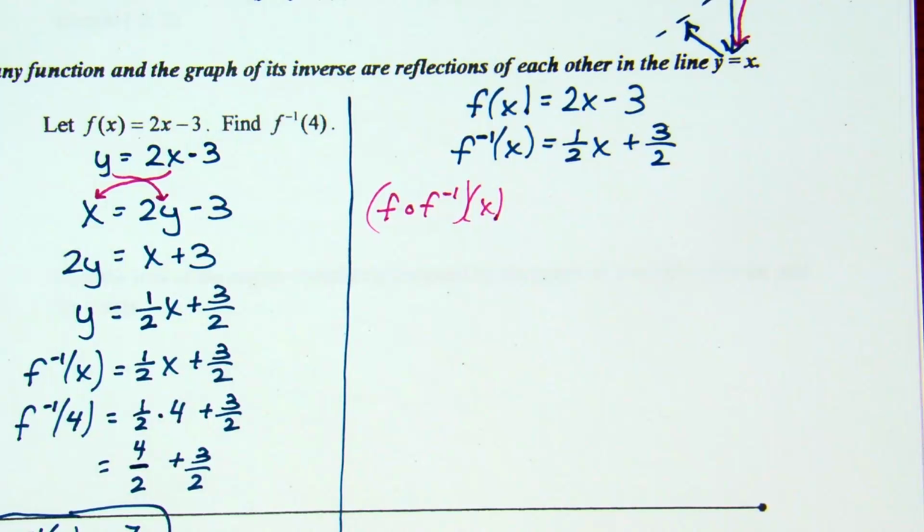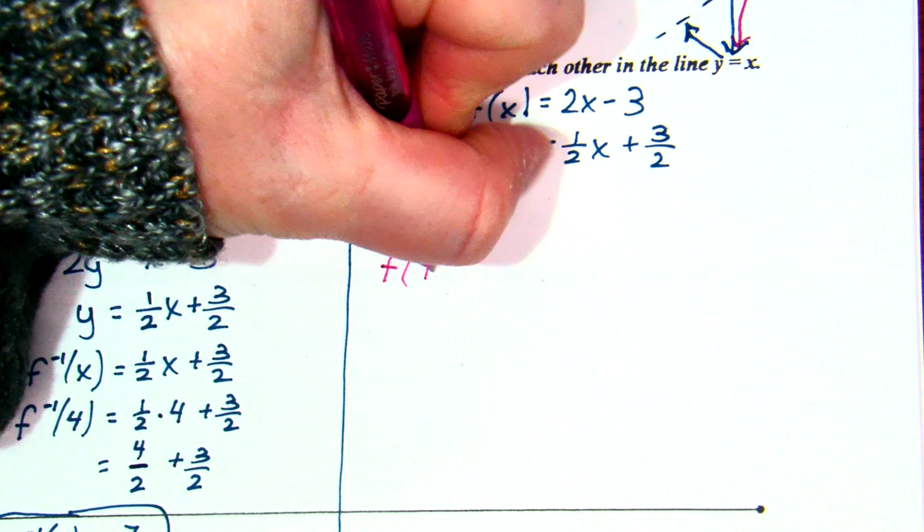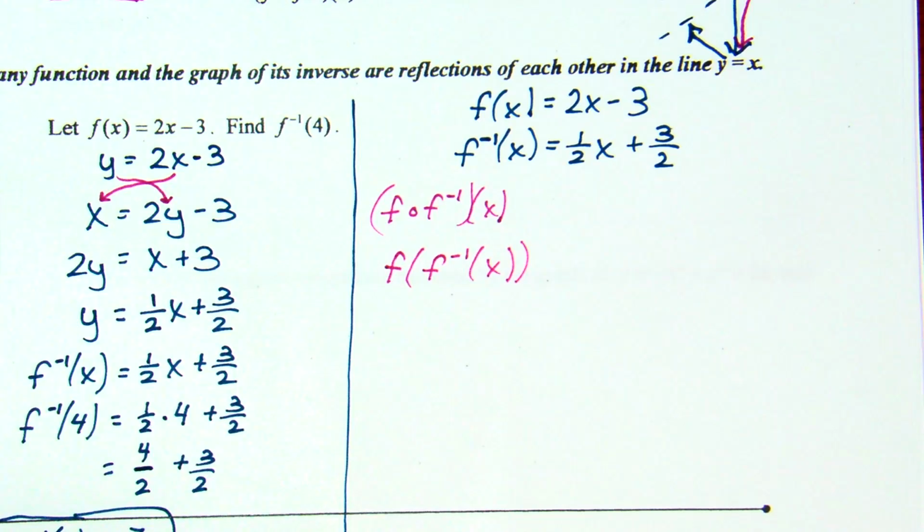Okay, so more algebra review here. How do we do f composed with f inverse of x? In place of x in f of x. Officially, I would write f of f inverse of x.